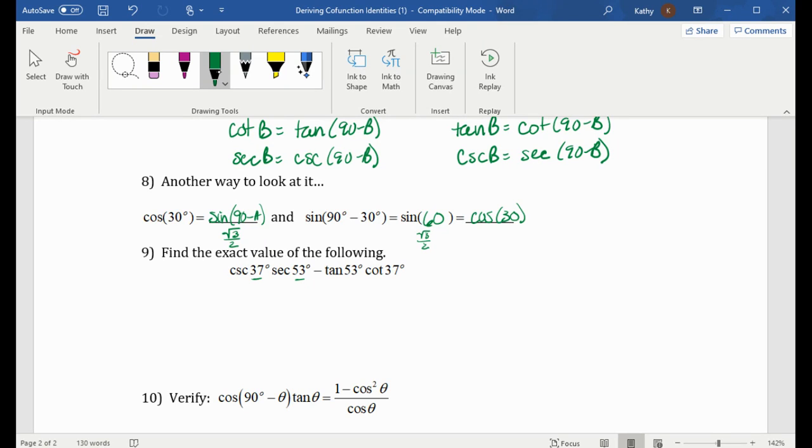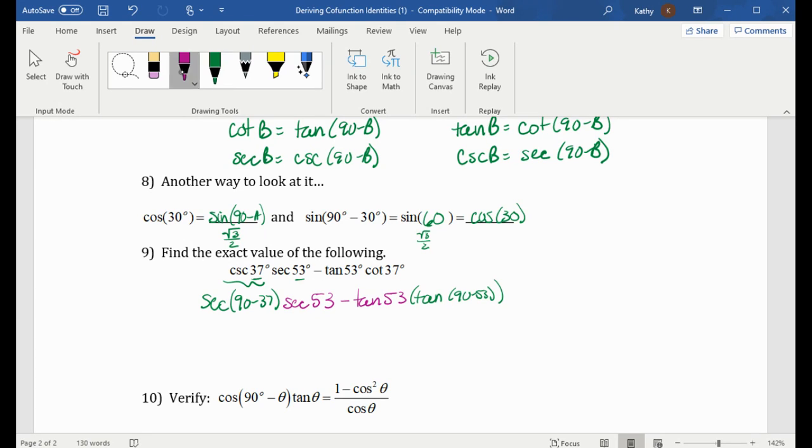We can do this a couple ways. Secant of 90 minus 37 is equivalent to the cosecant of 37. And if we leave this one as the secant, we're going to leave secant 53. And we're going to subtract. We're going to leave tangent of 53. And I'm going to rewrite cotangent as its cofunction. Cotangent's cofunction is tangent of 90 minus 53.